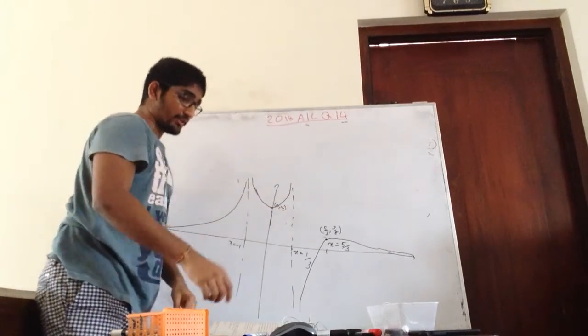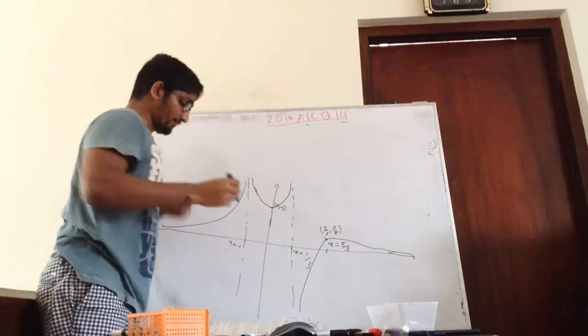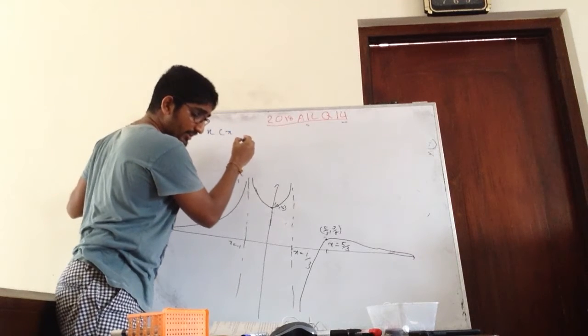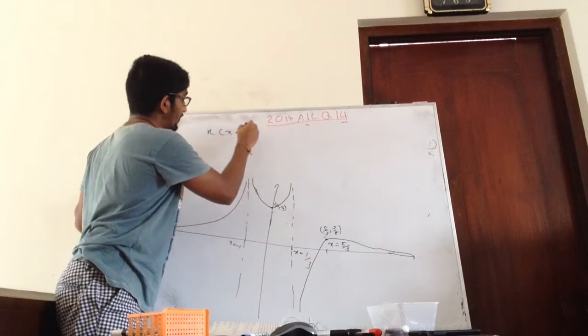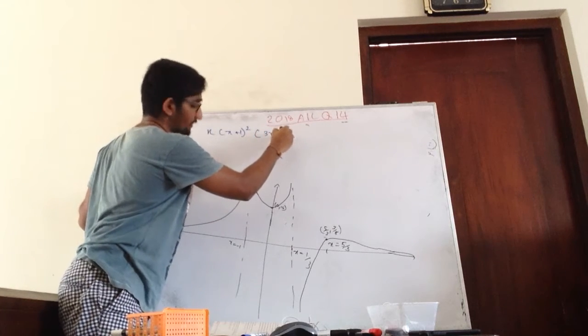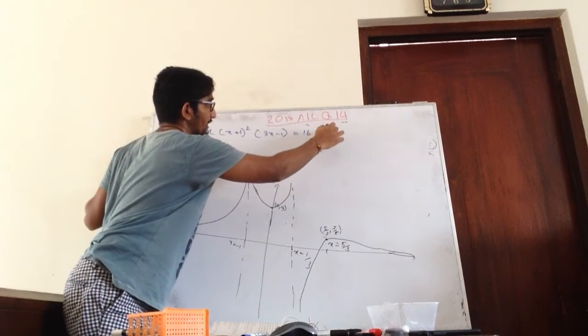Right. So what they are saying is k(x plus 1) squared (3x minus 1) equals 16x minus 1.